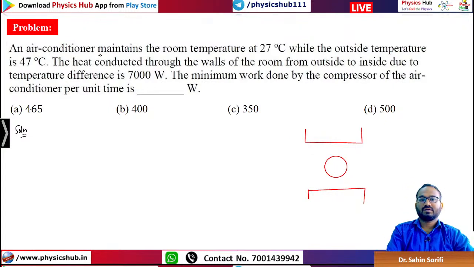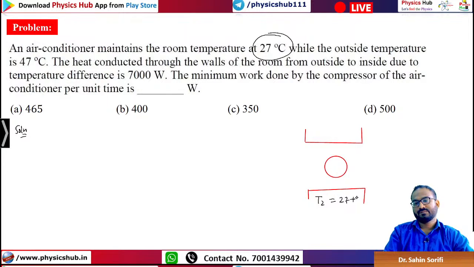The air conditioner is maintaining the room temperature at 27 degrees centigrade. So, this is the temperature of the sink, 27 plus 273 Kelvin, that is 300 Kelvin, while outside temperature is 47 degrees centigrade.